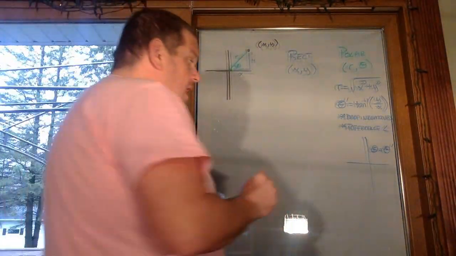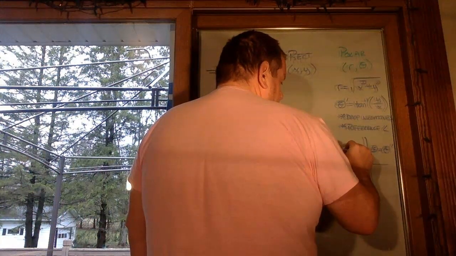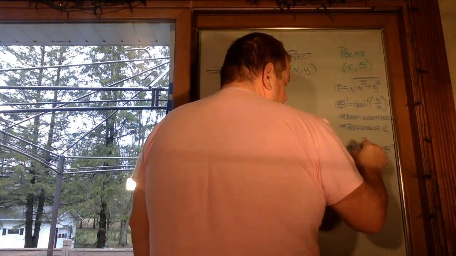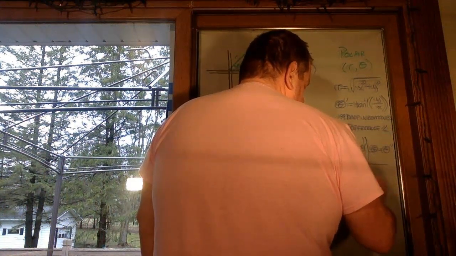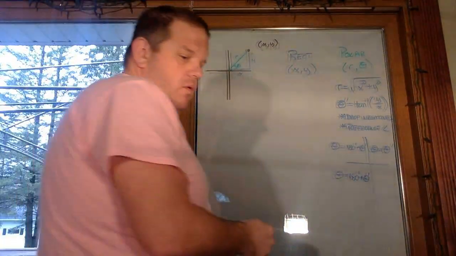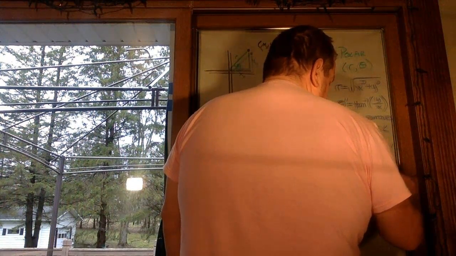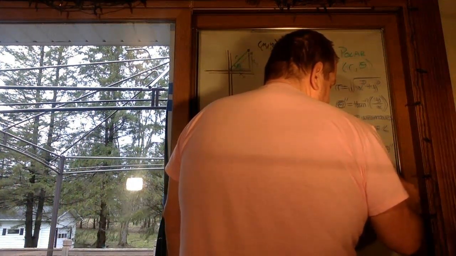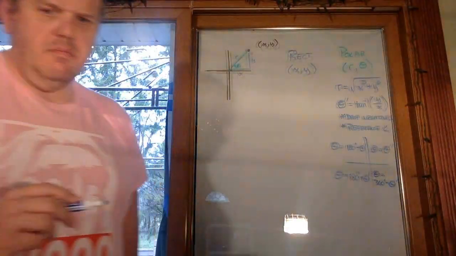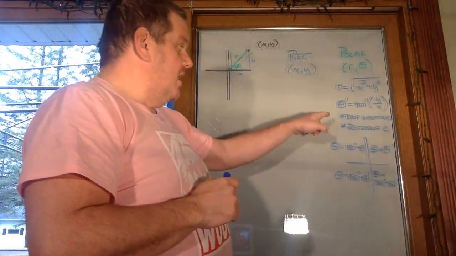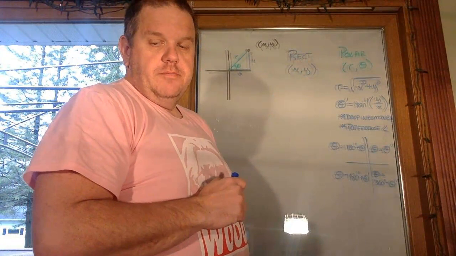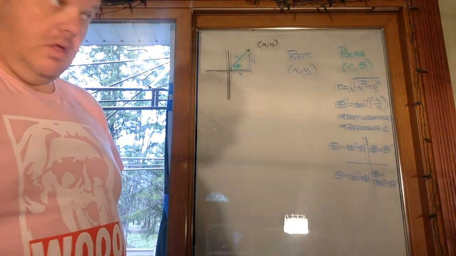In quadrant 2, my actual angle is 180 degrees minus my reference angle. In quadrant 3, my actual angle is 180 degrees plus my reference angle. We've done all of those before. And in quadrant 4, my actual angle is 360 degrees minus my reference angle. So that's how we find theta and our r value. We have to do a little math to go along with it.